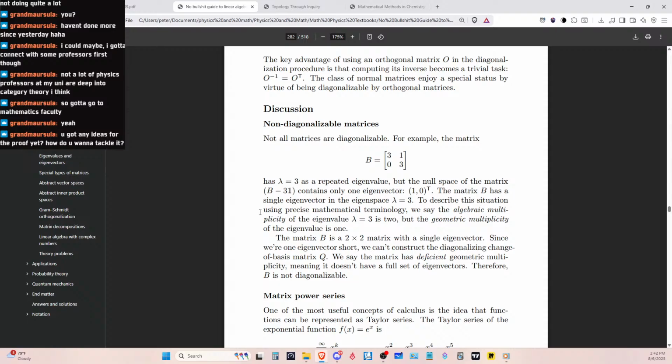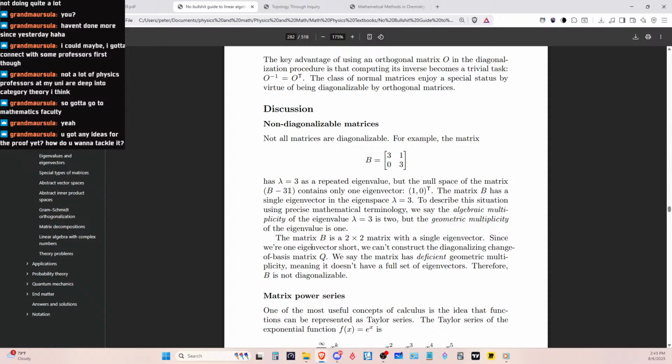To describe this situation using precise mathematical terminology, we say that the algebraic multiplicity of the eigenvalue 3 is 2, but the geometric multiplicity of the eigenvalue is 1. The matrix B is a 2 by 2 matrix with a single eigenvector. Since we're one eigenvector short, oh yeah, because it's 2 by 2, so it has 2 rows, 2 columns, I should say.